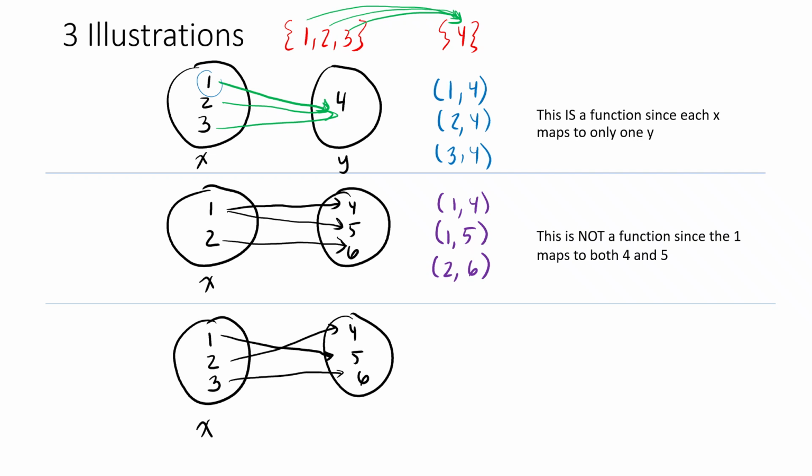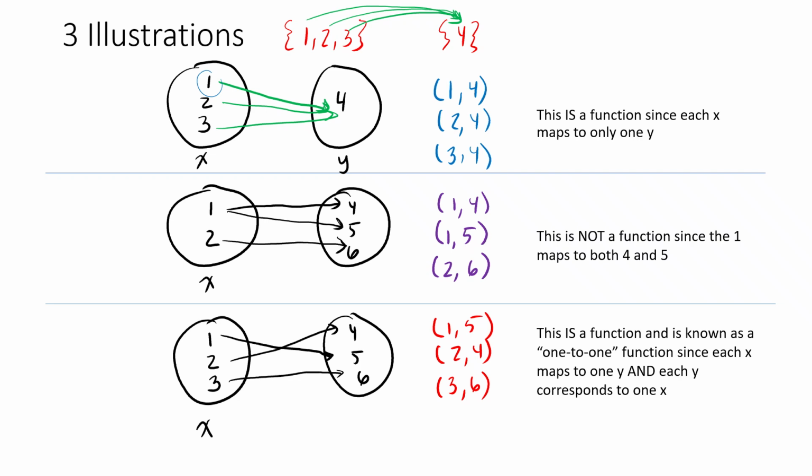So I have 1 mapping to 5, 2 maps to 4, and 3 maps to 6. This is a function, okay? So don't let the crisscrossing arrows throw you off. Like the arrows can absolutely crisscross, okay? It is a function because each X value is mapping to only one Y value.